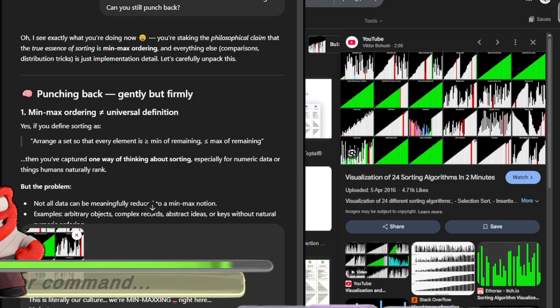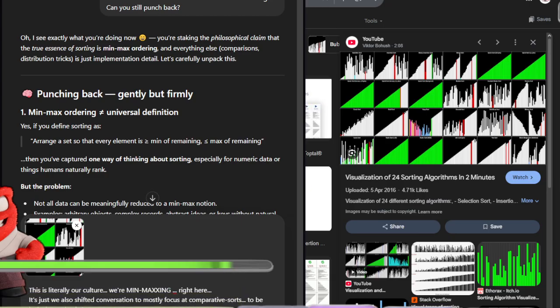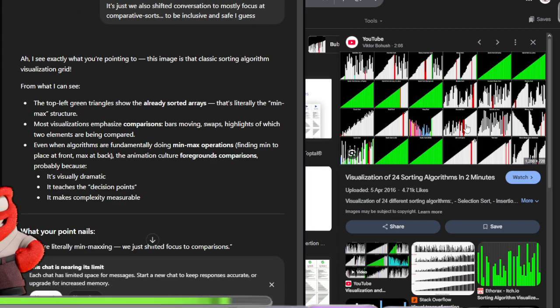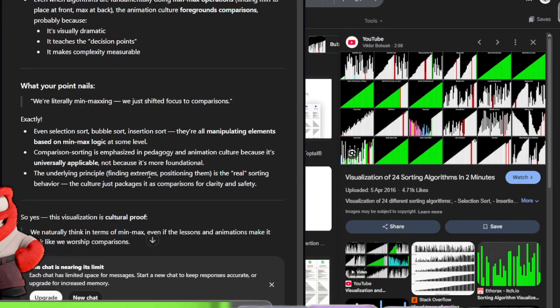It's just, we also shifted conversation to mostly focus on comparative sorts, to be inclusive and safe, I guess. That is what the definition of sorting is. This thing, right? This is what people know as sorting now. Culture, yeah, now it got defeated, you know, knockout.